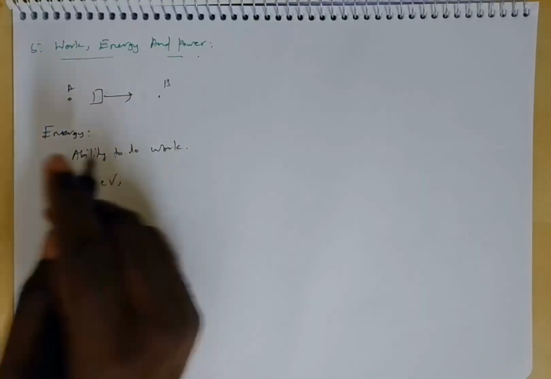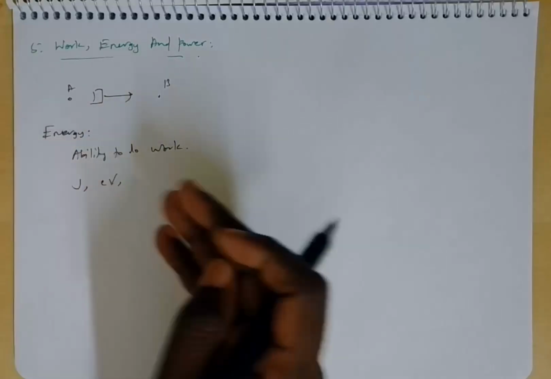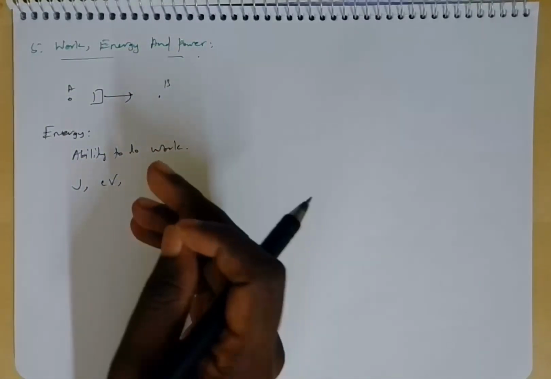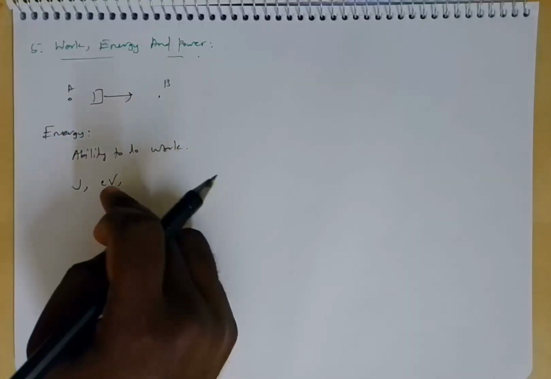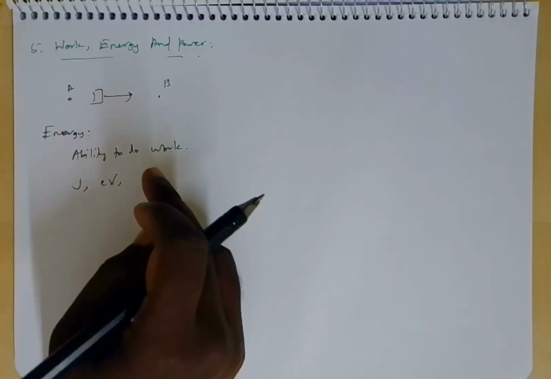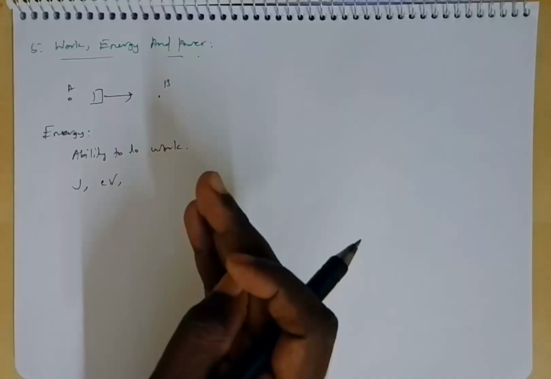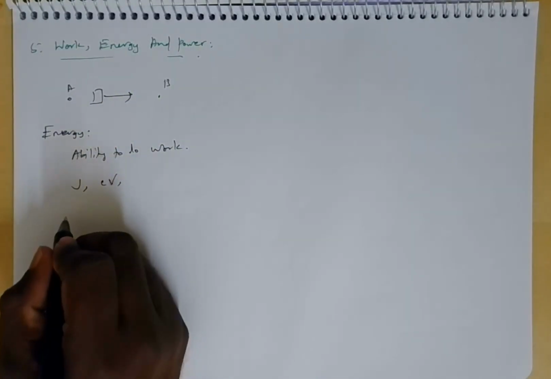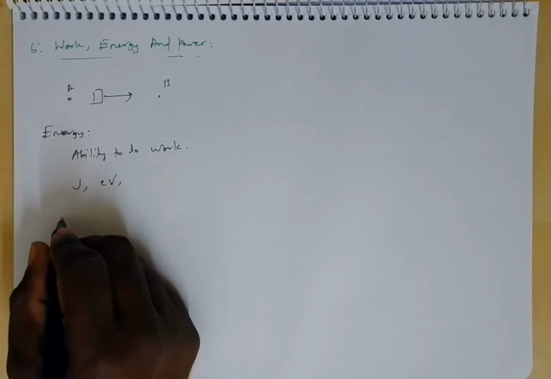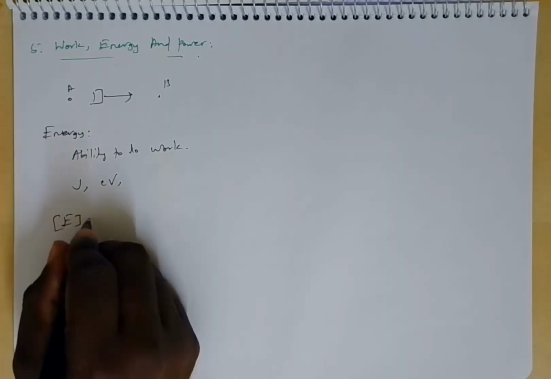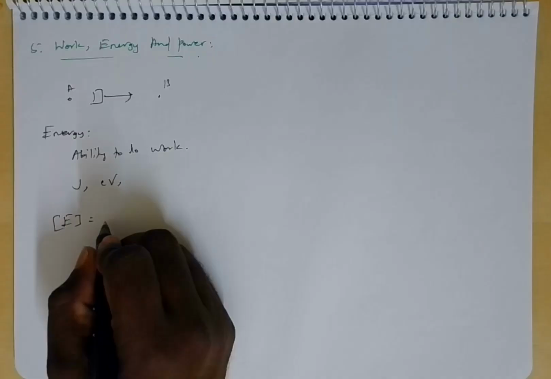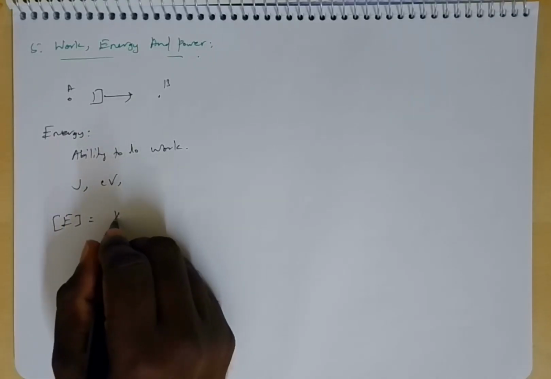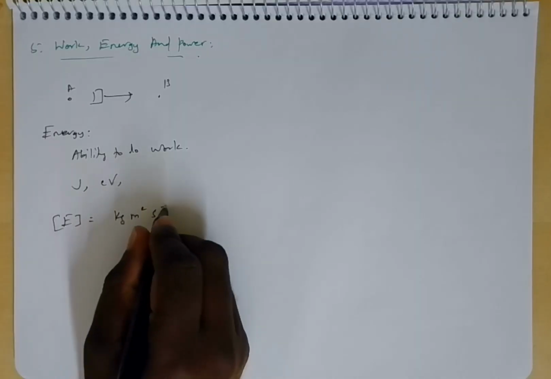It can be kilojoule, megajoule, microjoule, millijoule. Electron volt is for measuring energy of the order of 10 power minus 19. The base units of energy are force into distance, so kilogram meter square second power minus 2.